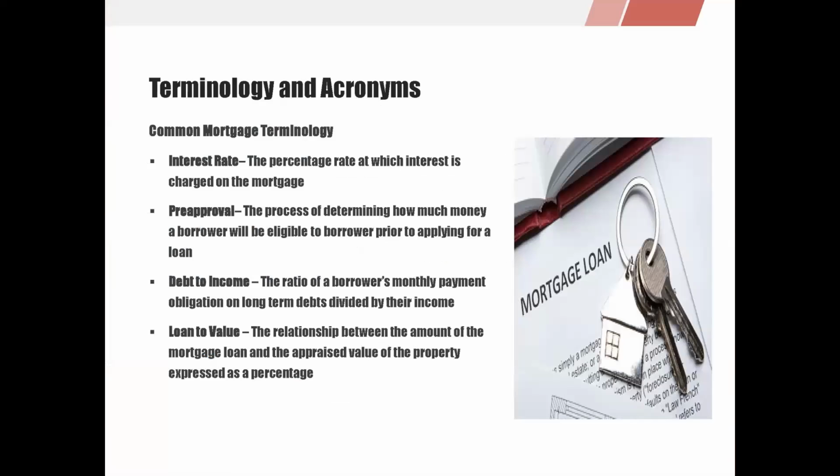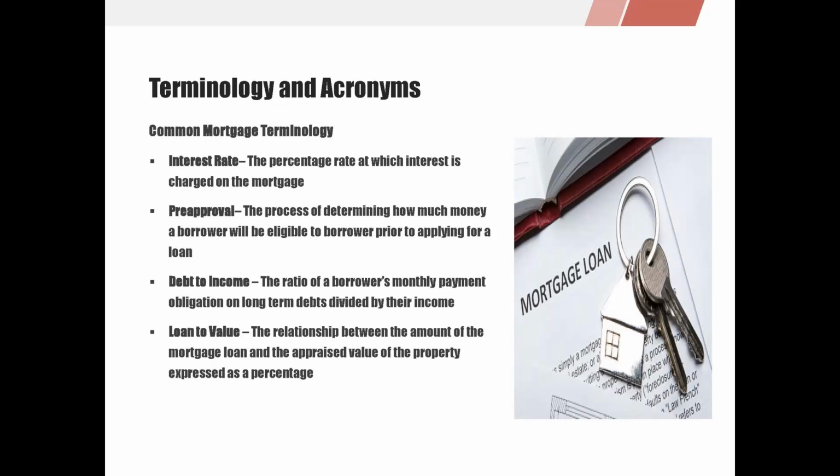All right, so the interest rate is the percentage at which we collect interest on the loan that we're giving to the client. Pre-approval is what we touched base on earlier in regards to me telling you and the client how much house they can afford.